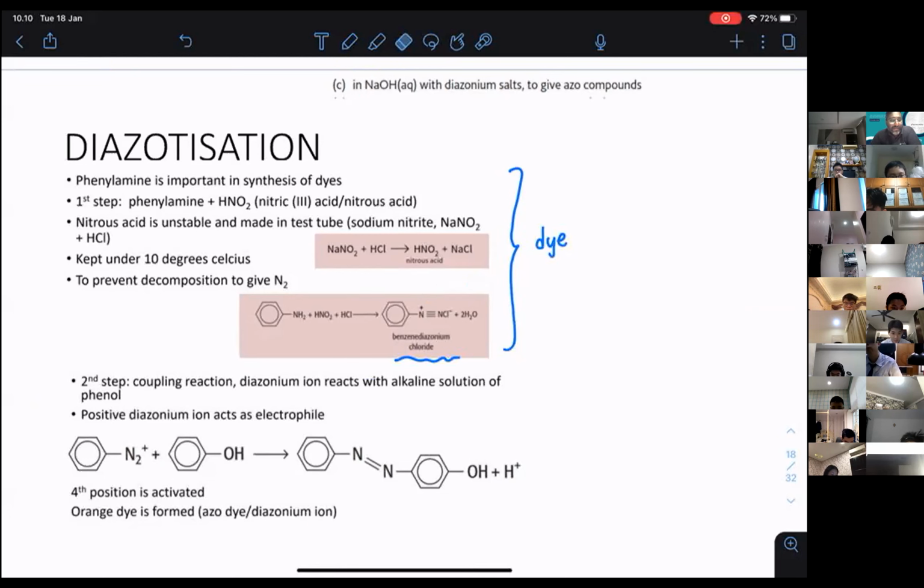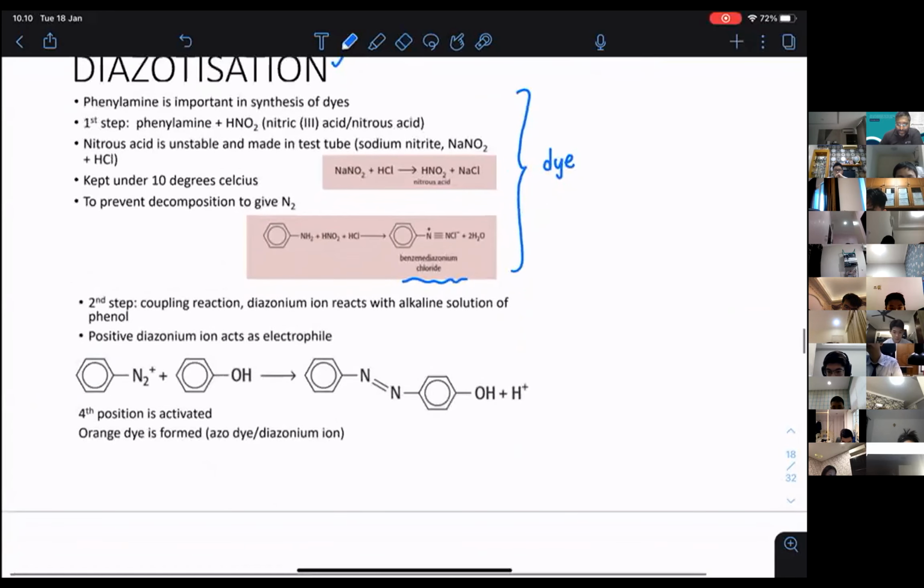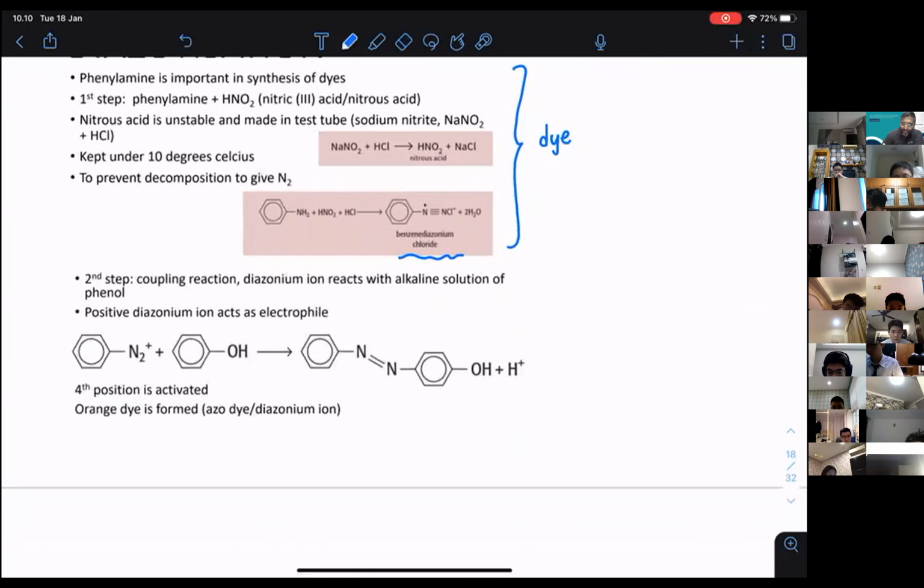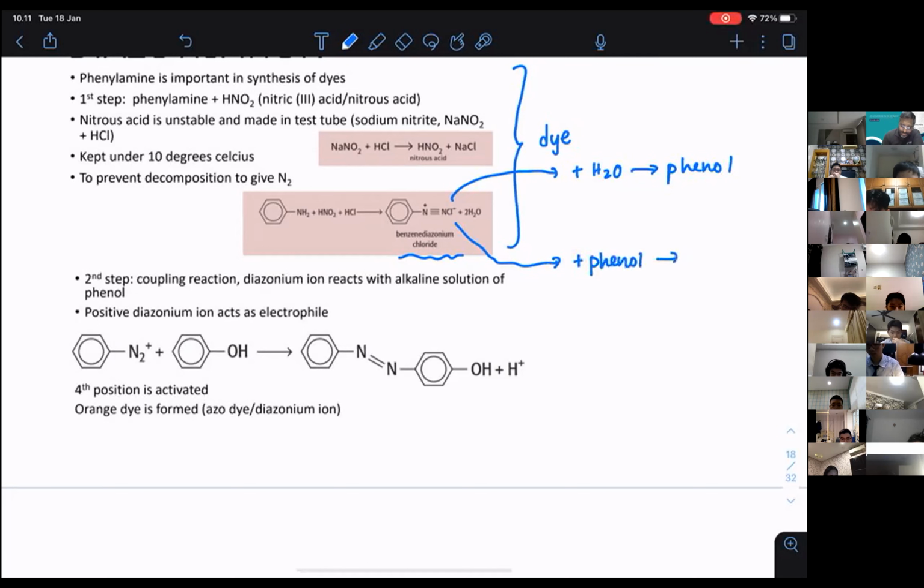There is another reaction of phenol, and it is involved in the formation of dye. That's why it is called diazotization. Benzene diazonium chloride can react with water to give you phenol, but another reaction is that it reacts with phenol to give you the dye.